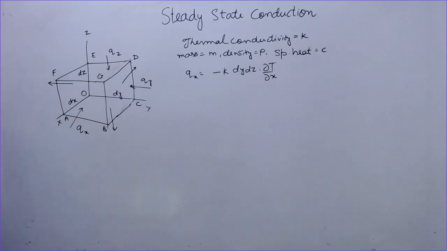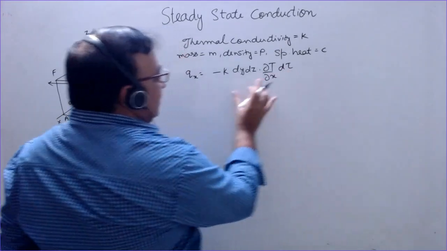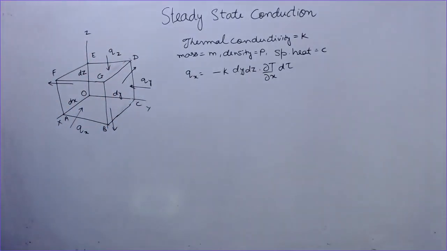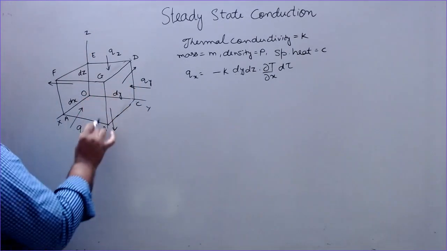So if I take time d tau, so in this time this much heat is flowing. So this is the expression for heat energy which is entering this face along the x-axis.